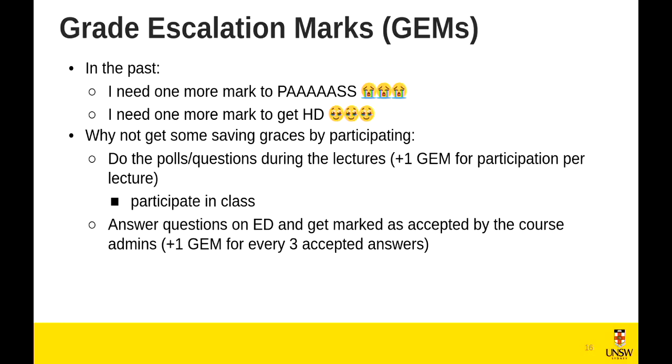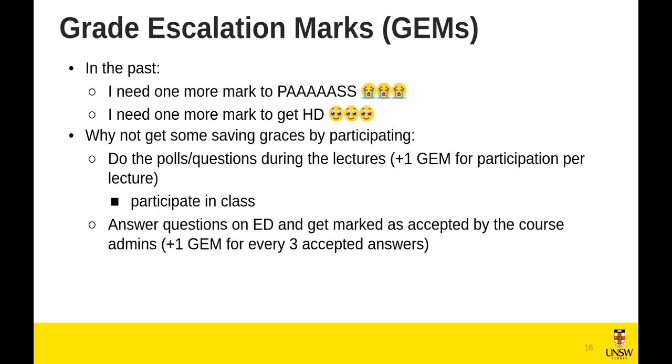And the second way of earning gems is you can answer questions on ED to get marked as accepted. Normally, if you post an answer on the forum, it's just an answer, and our course staff can mark it as accepted and put a green tick on your answer.